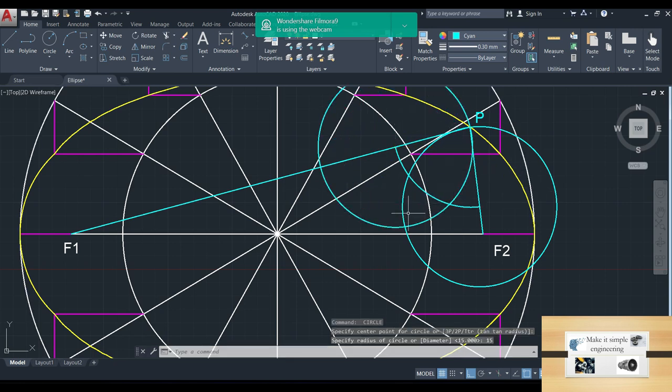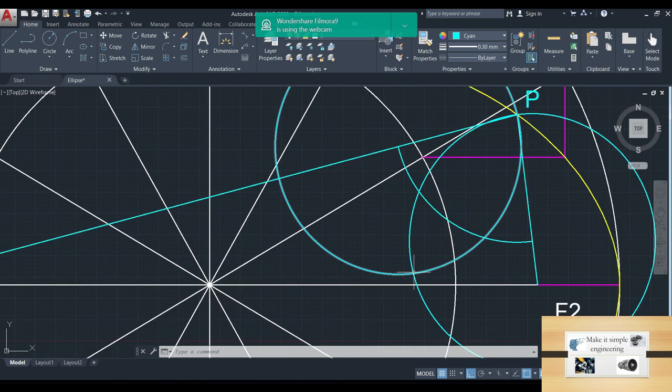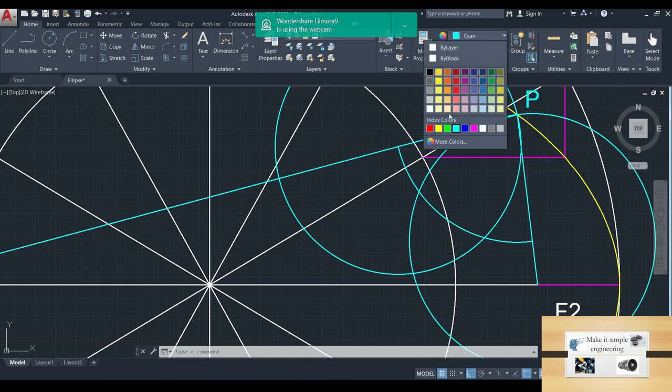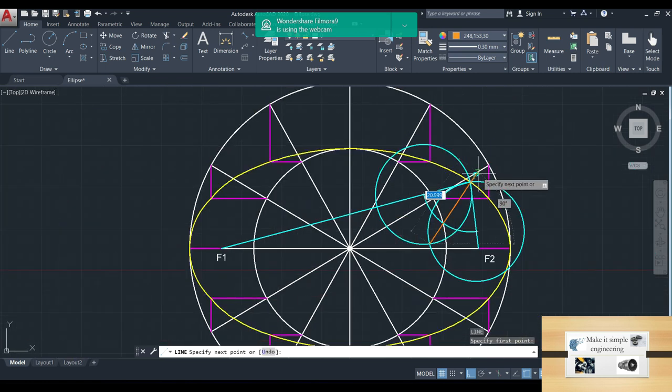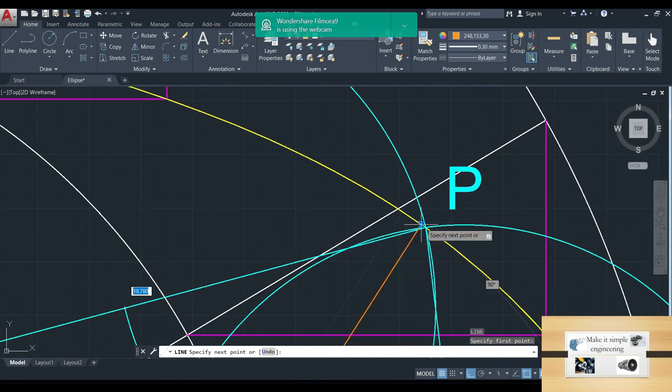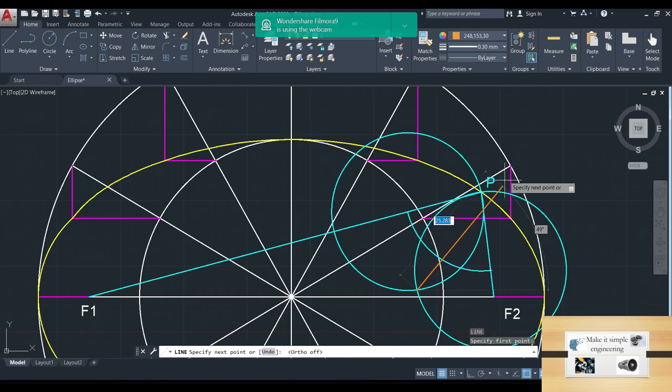So the intersection point here is connected by a line from this point to P. So this is considered as the normal.